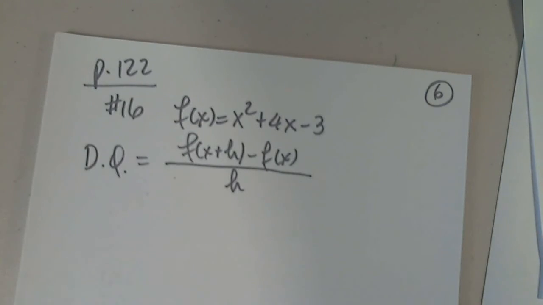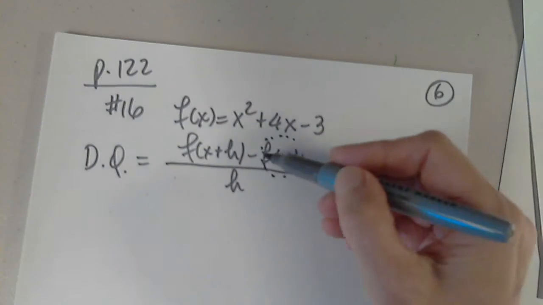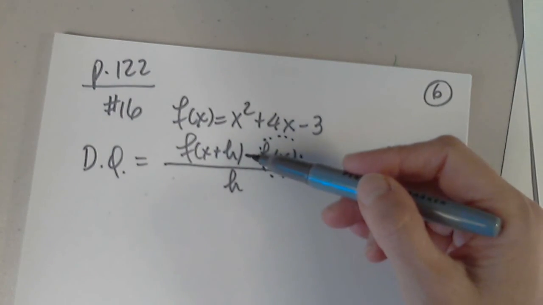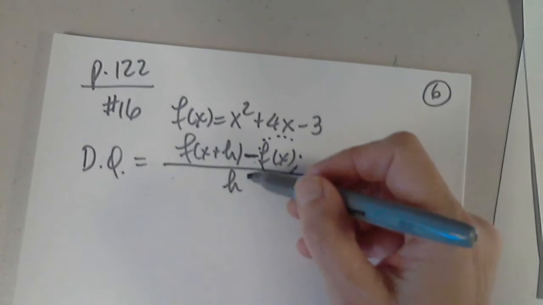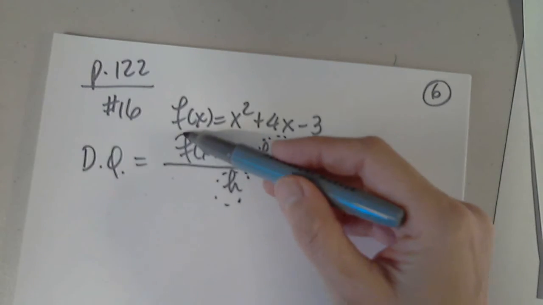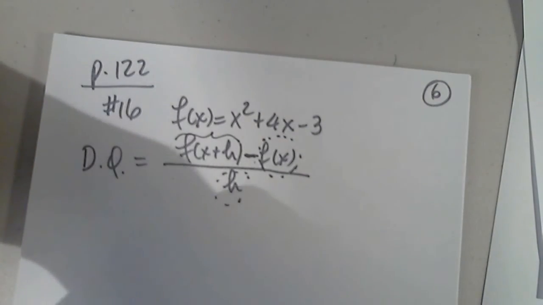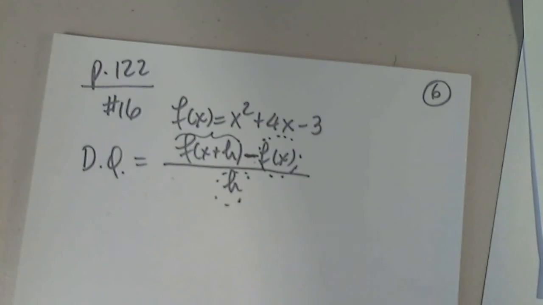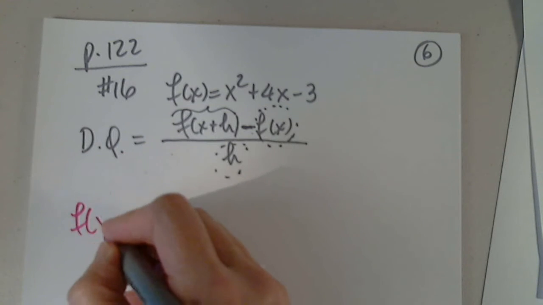Okay, so this piece is known, clear. I just have to distribute -1 to all these three terms. This one is clear, there is nothing I can do to it. So the only thing that I don't have is f of x plus h. So I'm going to start by determining f of x plus h. Can anyone tell us how to write f of x plus h?